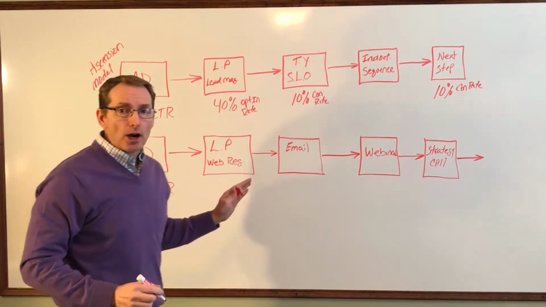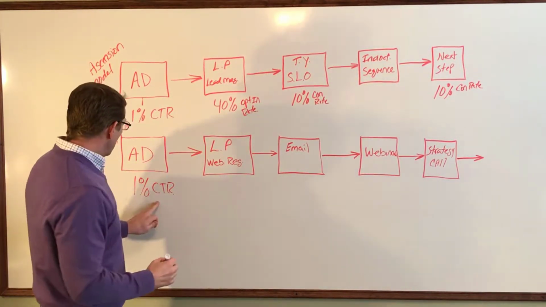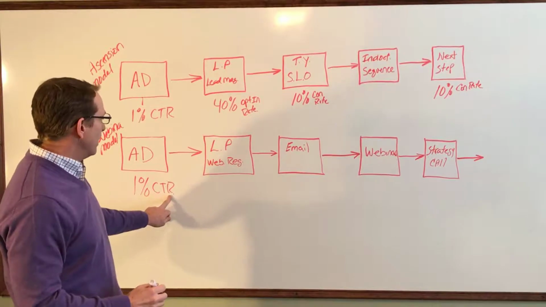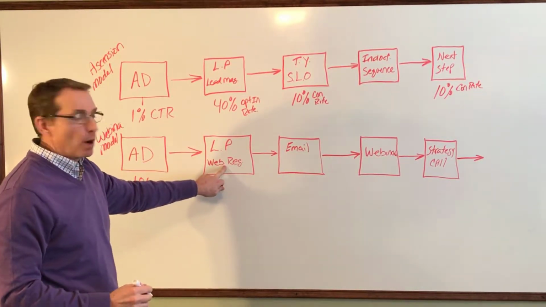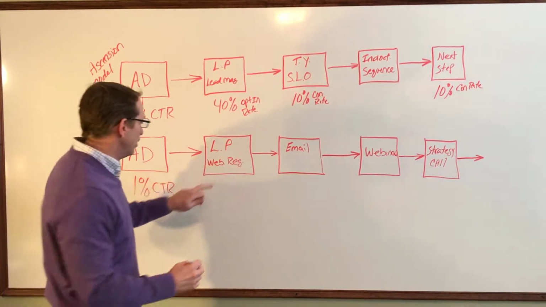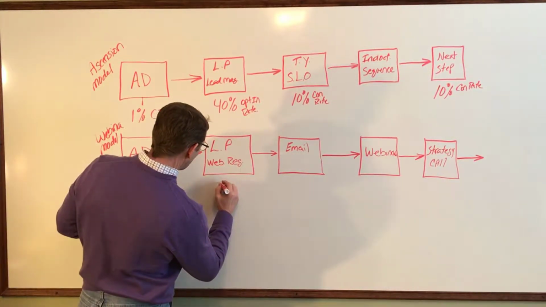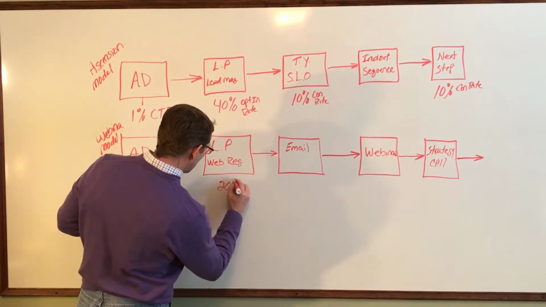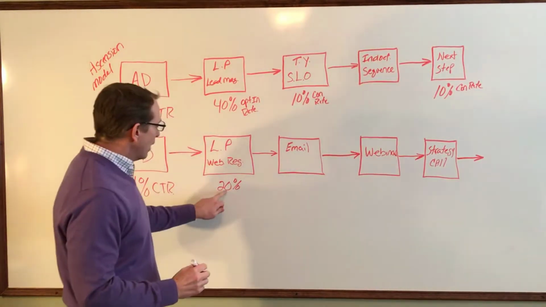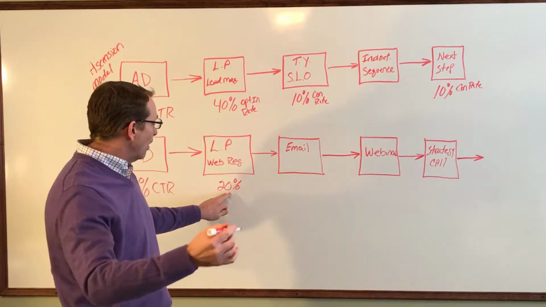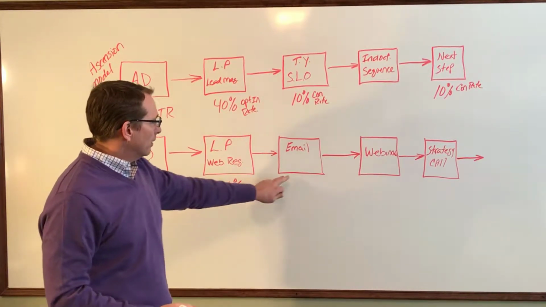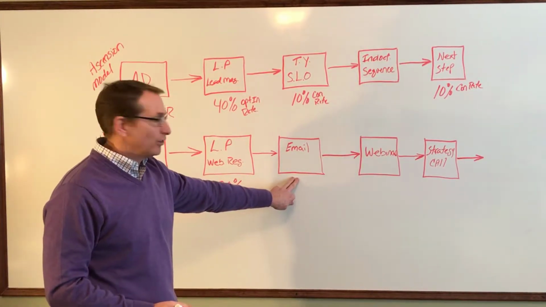Here is the webinar model that we're going to cover. 1% click-through rate. They're going to hit this landing page. This is where you have a webinar registration page, and this should convert at 20%. If you're at 18, 19, 20, or above, you're good. Then you're taking them through an email sequence.